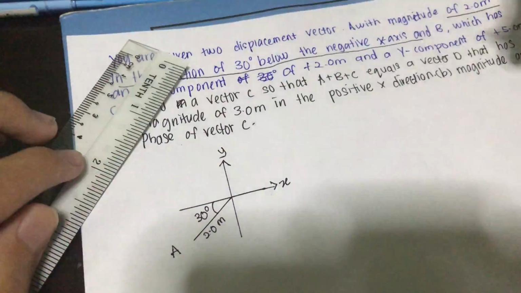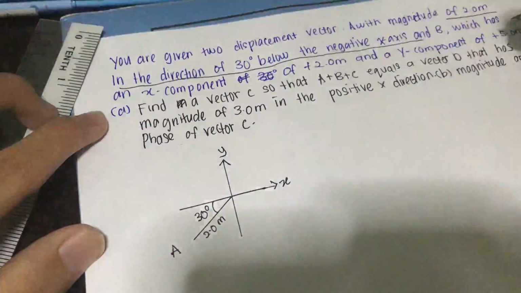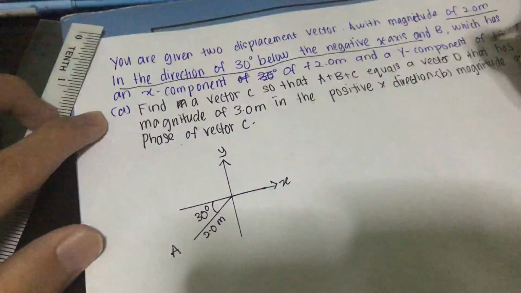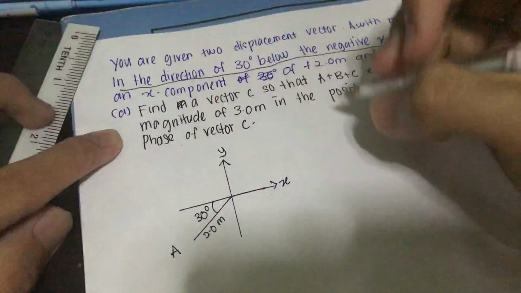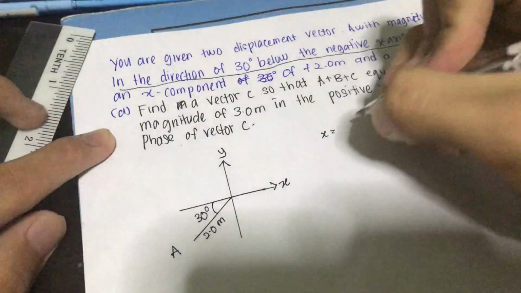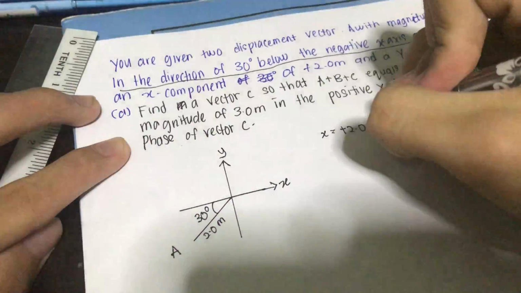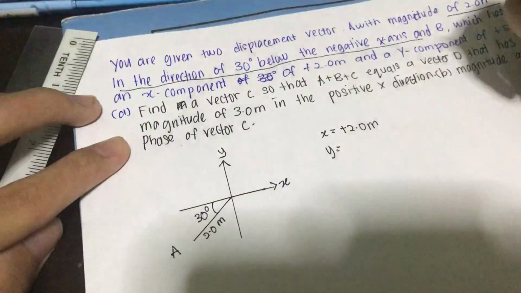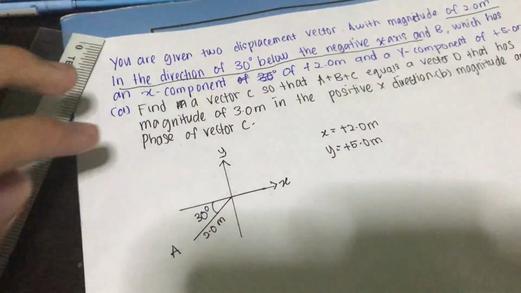And B has an x component of plus 2.0 meters and a y component of plus 5.0 meters. So we have an x component of plus 2.0 meters and y is plus 5.0 meters.